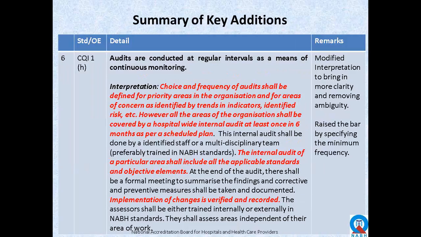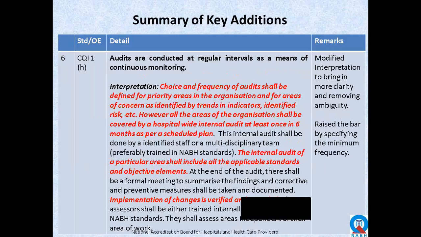Again, when you go as an assessor, please don't say, I feel this is required, so you have to do it like this. As long as the overall intent is met, we should not look at how they do it. However, all areas of the organization shall be covered by a hospital-wide internal audit at least once in 6 months as per the schedule plan.